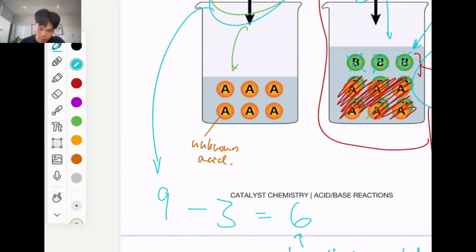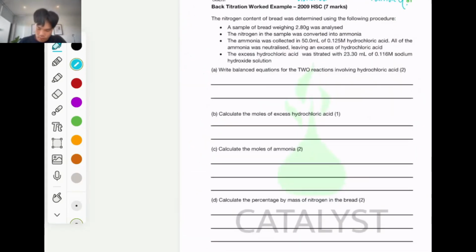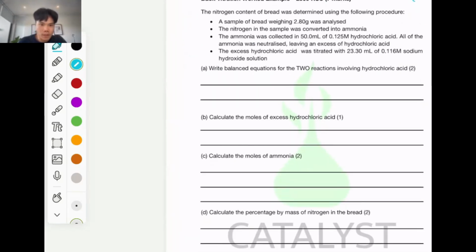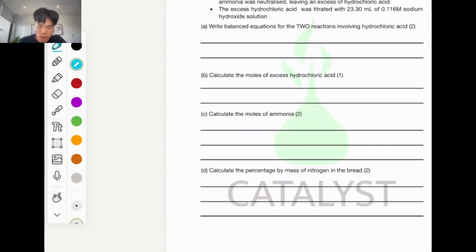And that allows you to find, based on whatever ratio it's in, here it's a 1-to-1, that, okay, I had 6 acid molecules in solution to begin with after going back through this titration. Does that make sense for everyone? So there's a sample calculation here. Again, I won't go through whole calculations, but there are answers to work through as well if you want to have a go at these.